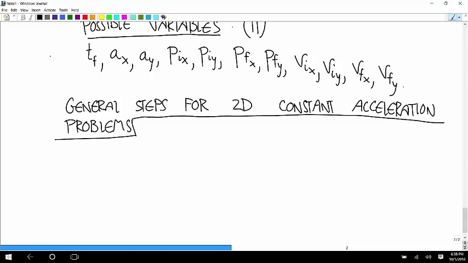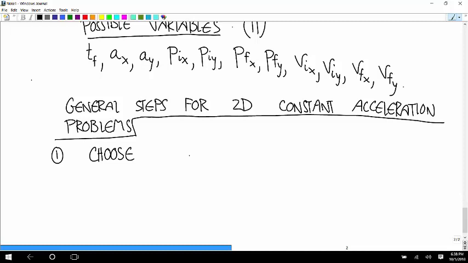Okay, so the first thing you have to do, well, what was the first thing you had to do with one-dimensional constant acceleration? That's right. So you had to choose your instant for time equals 0 and time final, and then you had to choose your 0 position and positive direction.